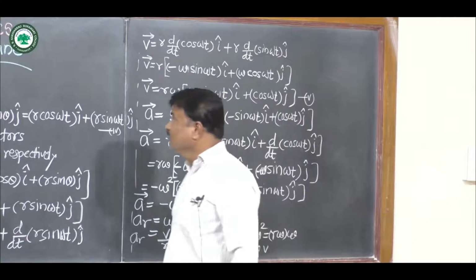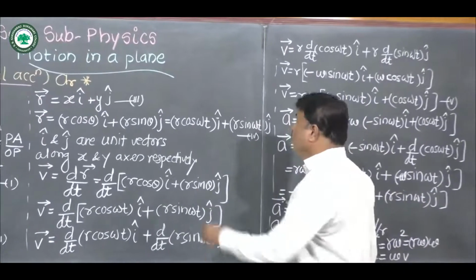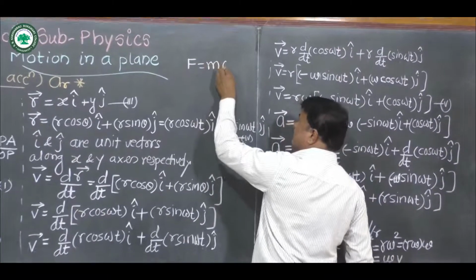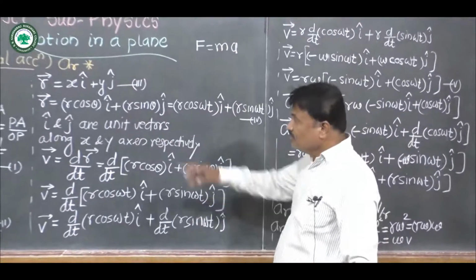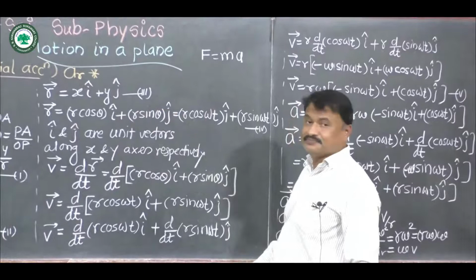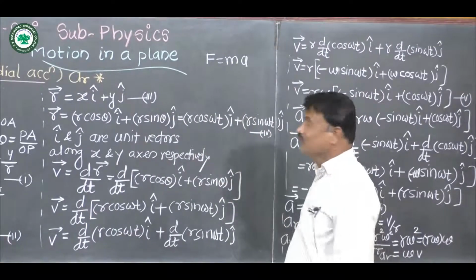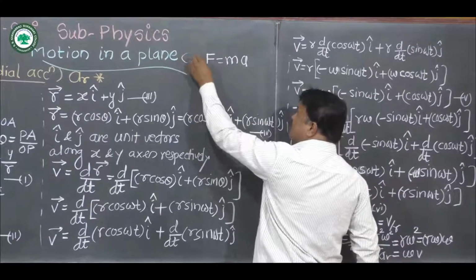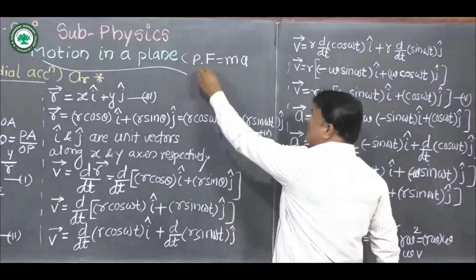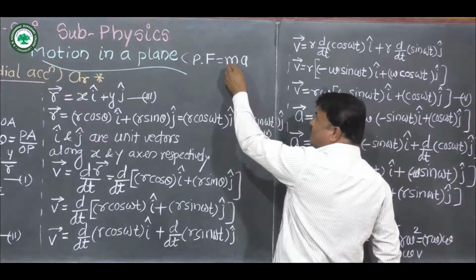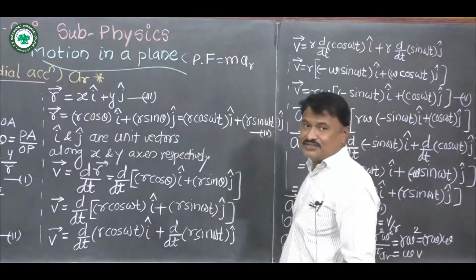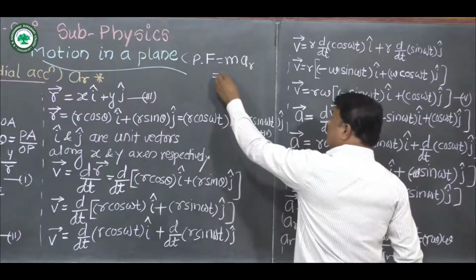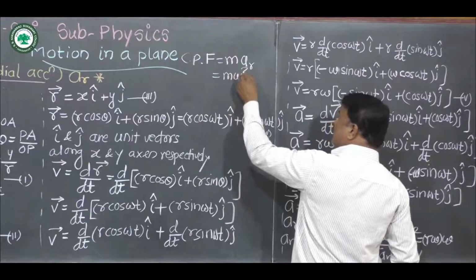In a linear motion, we know that the force acting on a particle is given by m into A. This is the radial acceleration in case of uniform circular motion. So the force regarding this is a radial force, also called centripetal force, and that centripetal force is equal to mass of an object into centripetal acceleration. When we substitute all these values, we get centripetal force is equal to m into omega square r.